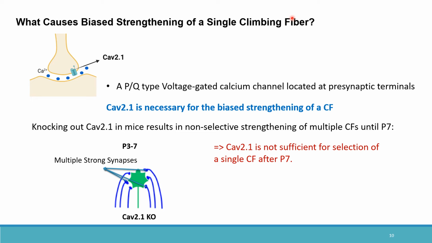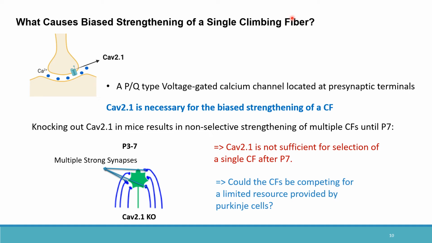However, Cav2.1 is not sufficient for the subsequent selection of a single CF after P7. One hypothesis is that climbing fibers may also be competing for a limited resource provided by Purkinje cells, and that the amount of this resource increases throughout development.